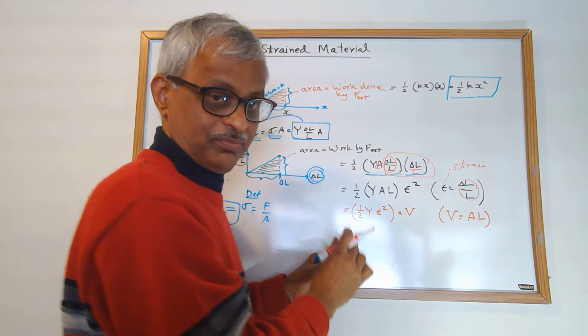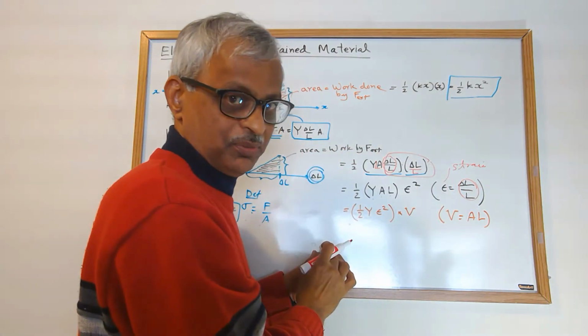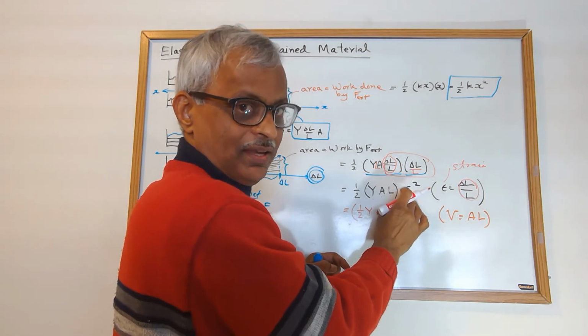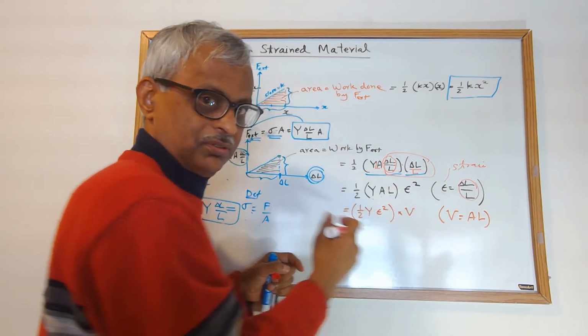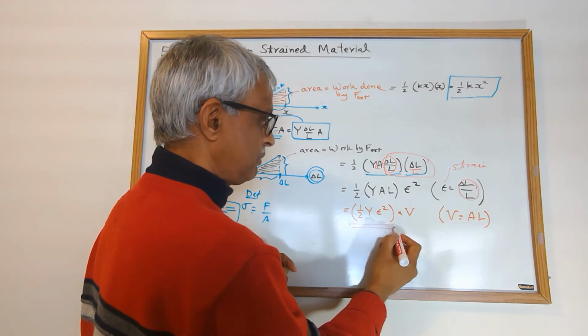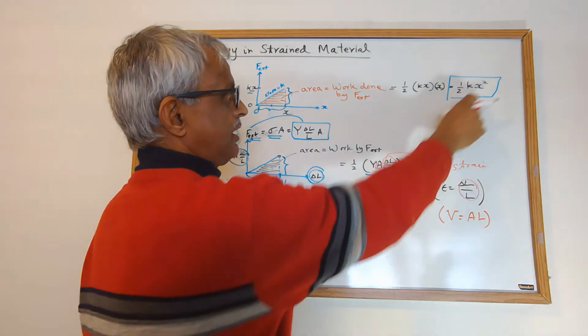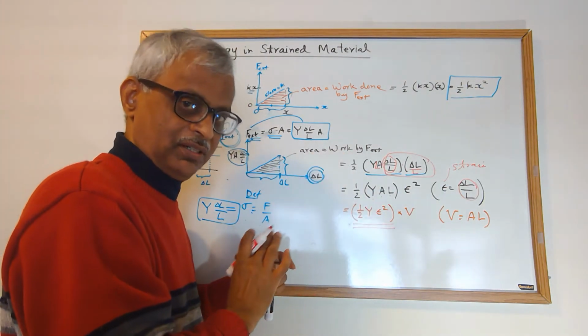X was associated with the deformation. There it was displacement, but here I am writing it in terms of the strain. So I see this is a very similar property. This is like K and this is like x, but they're just an analogy.